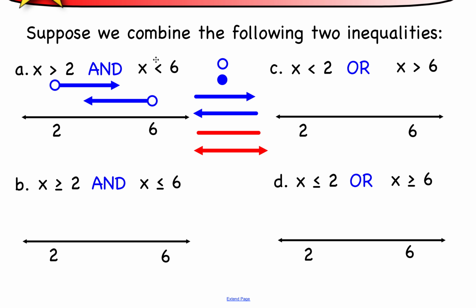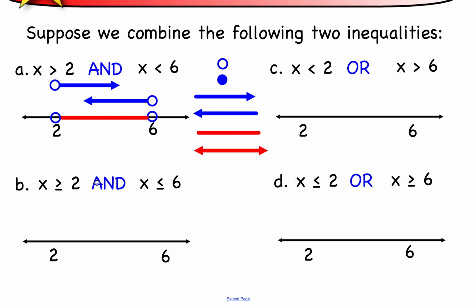The solution set would be the numbers that are in between, but not including the endpoints 2 and 6. So the solution set would be anything greater than 2 and less than 6, just the numbers in between there. So that's how you would graph the solution.